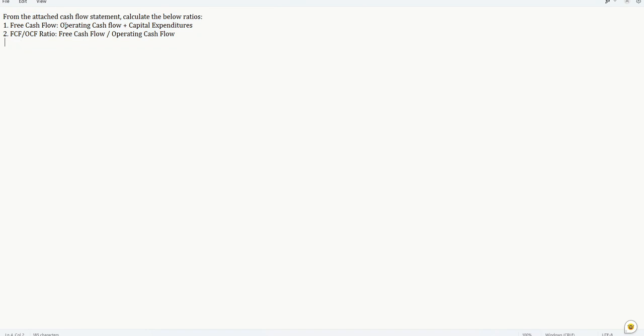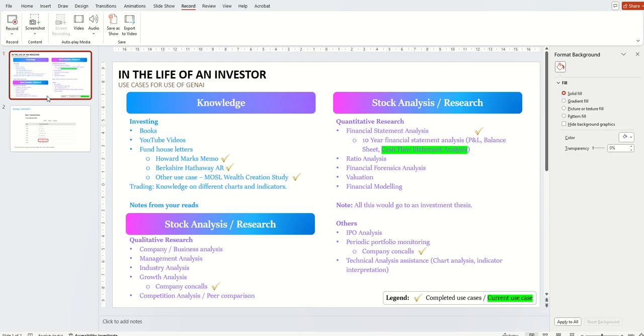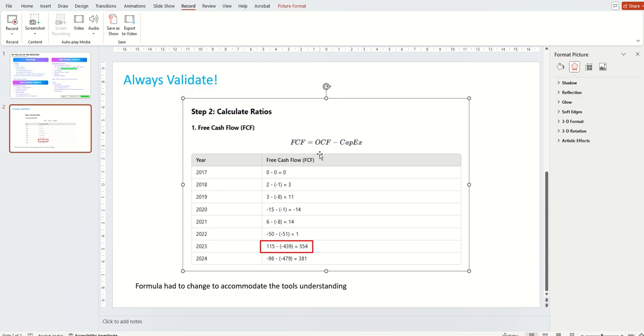Usually the formula is operating cash flow minus capex. That's the right formula. But when I did that, when you put minus capex, the tool puts a minus here as well as another minus which is part of the cash flow statement norm, where a minus is shown for outflows. These two minuses together become a plus and show a wrong figure for free cash flow.